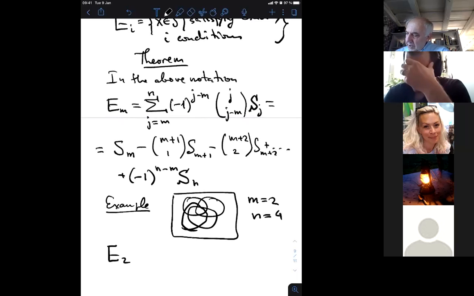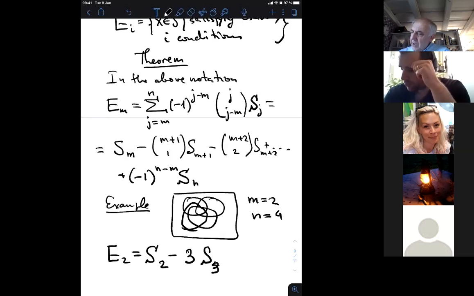So E2 equals S2, those which satisfy at least 2 properties, minus 3 choose 1, which is 3, times S3, those which satisfy at least 3 properties, and finally plus 4 choose 2, which is 6, times S4, those which satisfy all 4 properties.